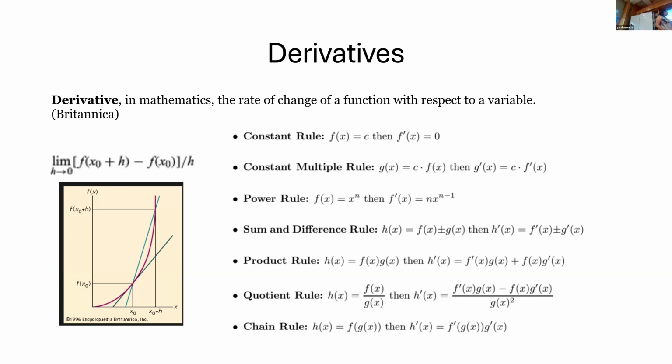If you have a constant multiplied by a function, then the derivative is the constant multiplied by the derivative of the function. In the power rule, which we commonly use, if we have x to the power n, then the derivative is n multiplied by x to the power n minus 1.